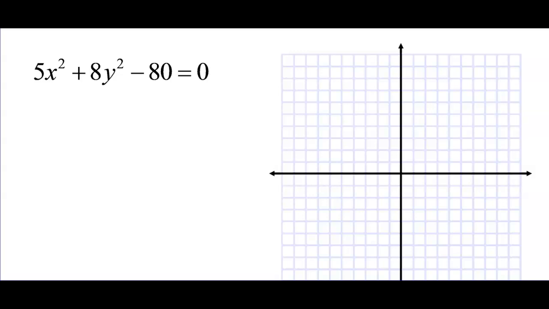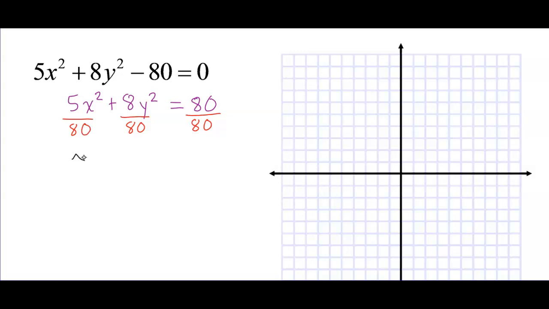So the first step in most ellipse problems is to isolate the variables on one side and the number on the other side. Then you can divide both sides by whatever it takes to make it come out equal to 1.